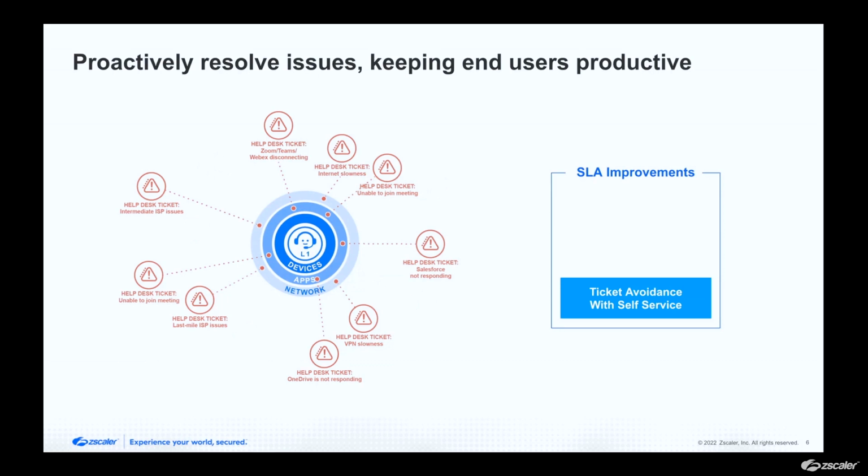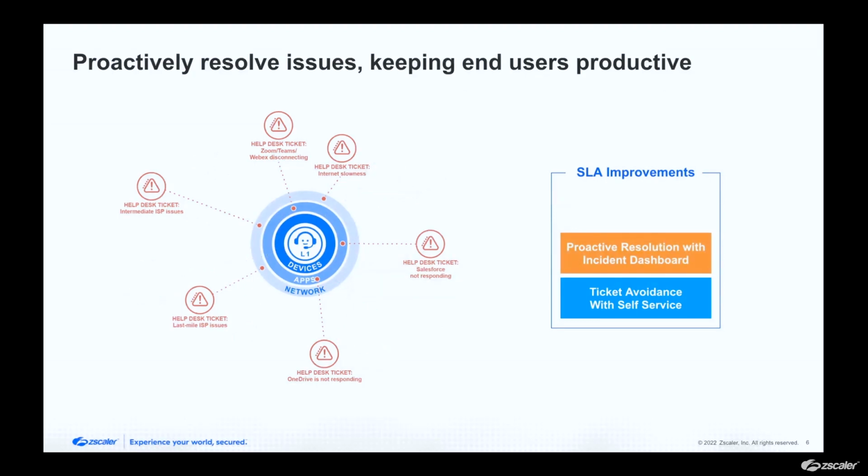The second part is proactive resolution with incident dashboard. Now you can see globally across your organization and say, okay, we're getting a lot of tickets or incidents around Wi-Fi. Let's dive into that and see what the root cause is, so we can proactively start to solve some of these issues before they even get created.